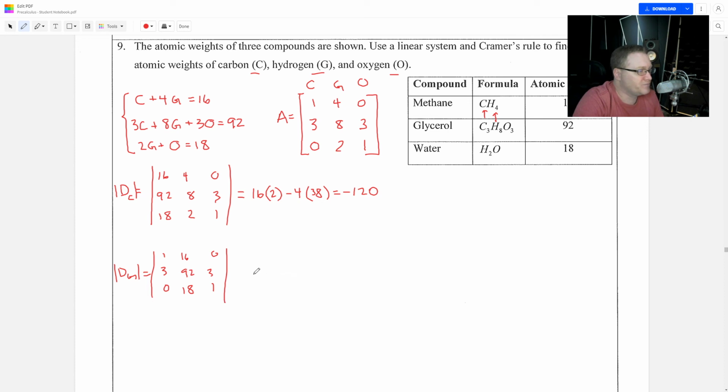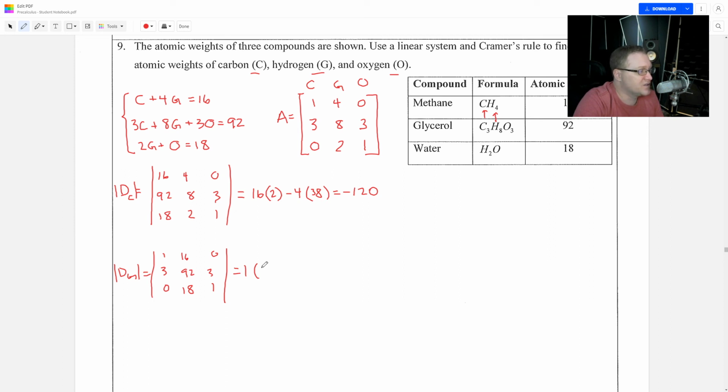All right, so let's find this. We're going to have 1 times, and then we're going to do 92 times 1, and then 3 times 18. Now, 3 times 18 is 54. So we have 92 minus 54 again, and we just said that's 38, right? Yeah, 38.